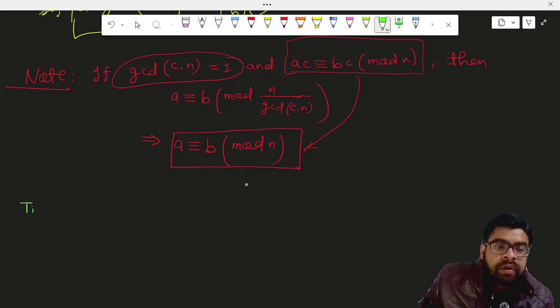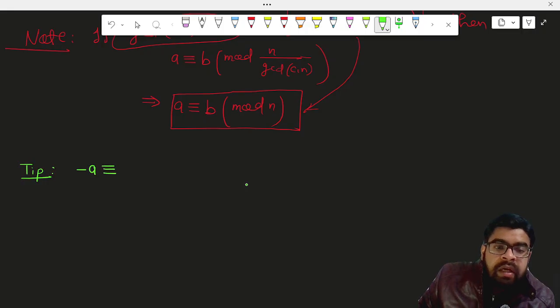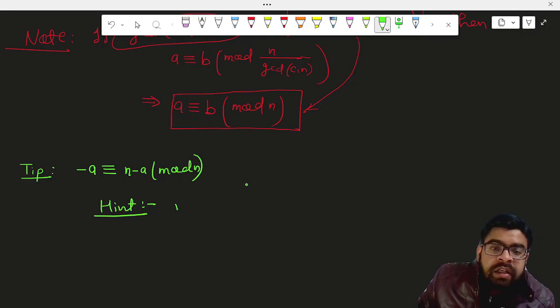Okay, so write down one very important note, or you can say a tip, that it is always true that minus a is always congruent to n minus a with modulo n. Let's see why. So the hint is, here we can write n divides minus a minus (n minus a).